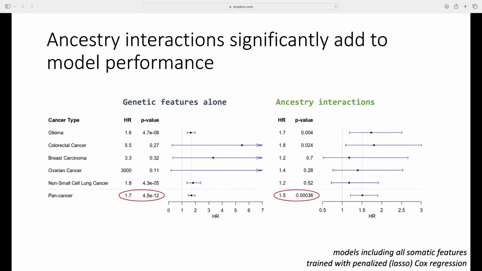And the proportion of non-European patients in this cohort is quite small, which is why the statistical significance here is a lot weaker. But on a per dose effect, we see that incorporating these ancestry interactions can significantly influence the way that we predict patient level survival.